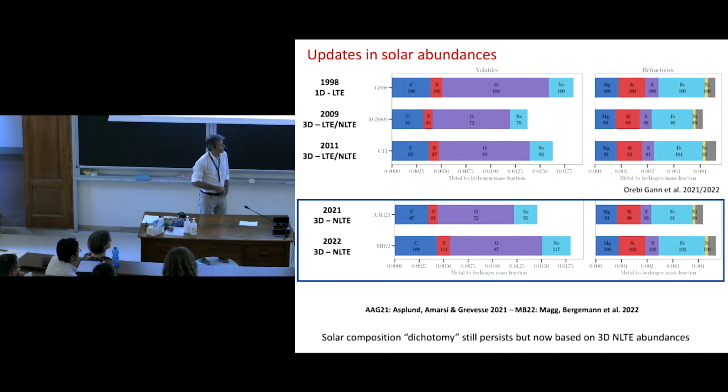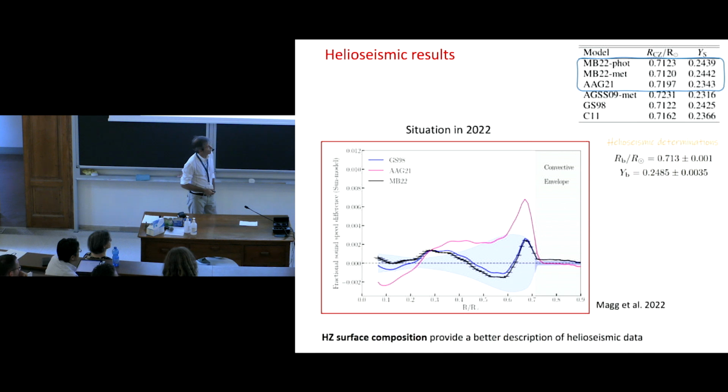Now, this is the situation for what concerns helioseismic quantities. The blue line corresponds to the old high-Z composition of Grevesse and Sauval 98. The red one is the Amarsi, Asplund 21 compilation, and Magg, Bergemann give a final result which is very close to the old one.